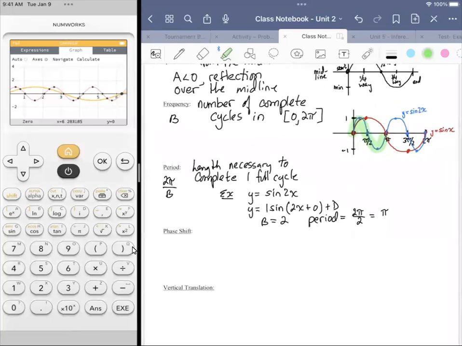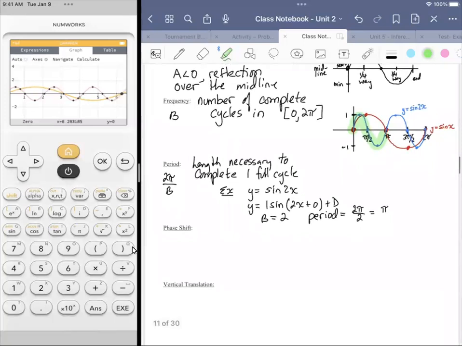Before I get on to phase shift and vertical translation, I wanted to take a second and talk about the cosine function. So cosine is also known as the complement of sine. I'm just going to tuck it off in this little area over here.